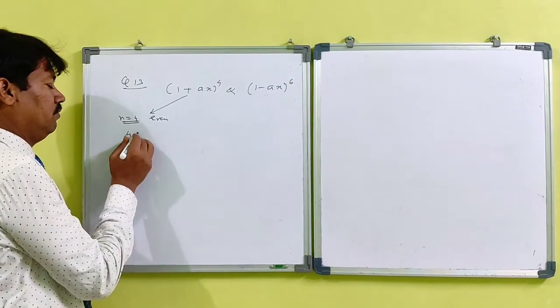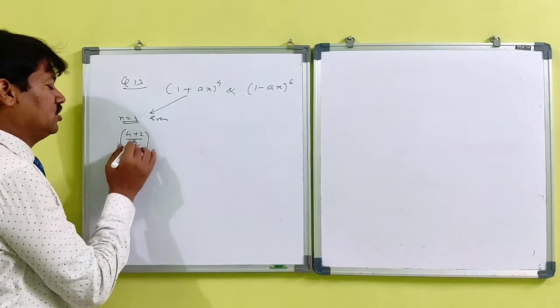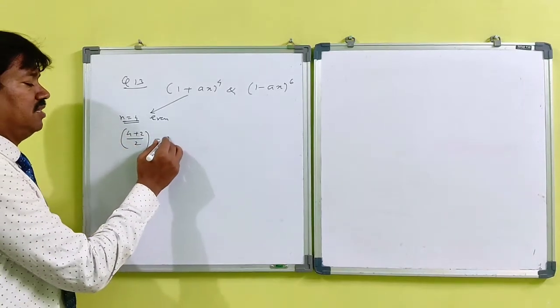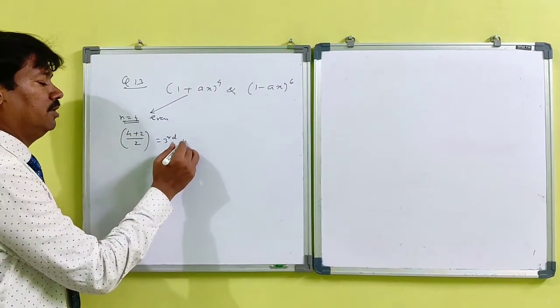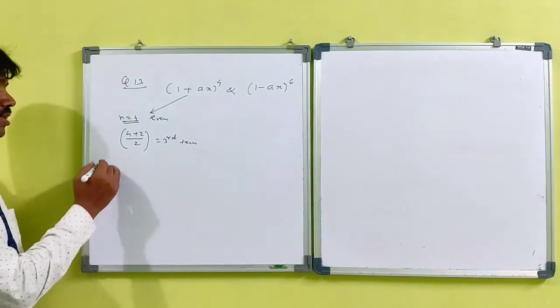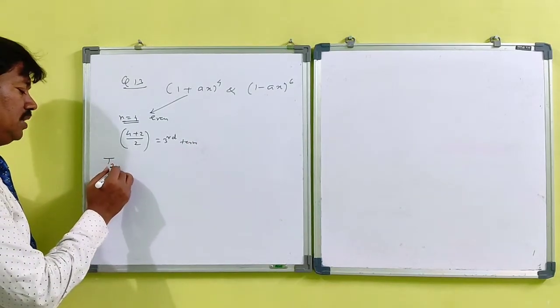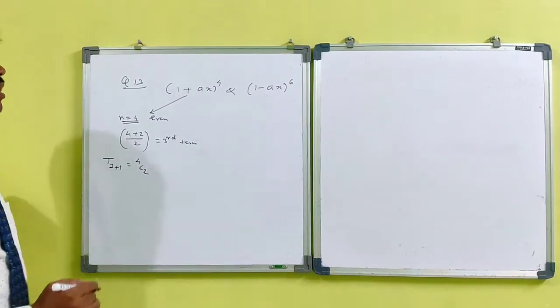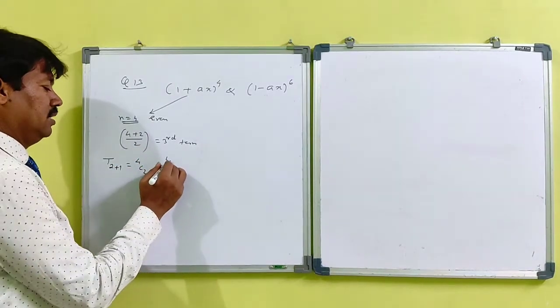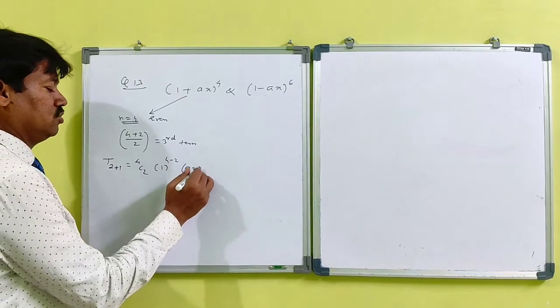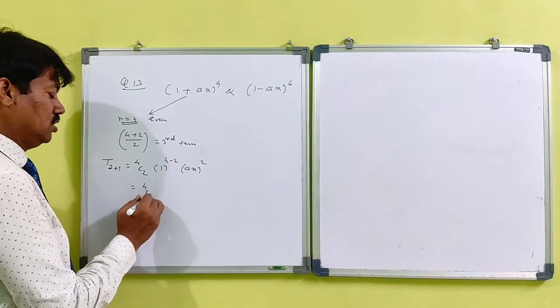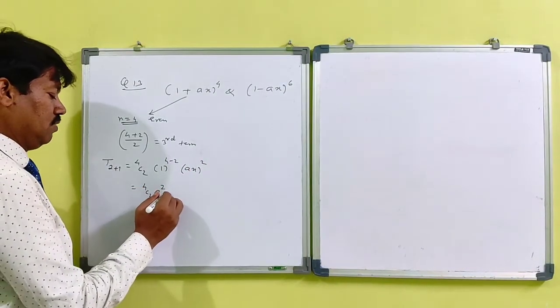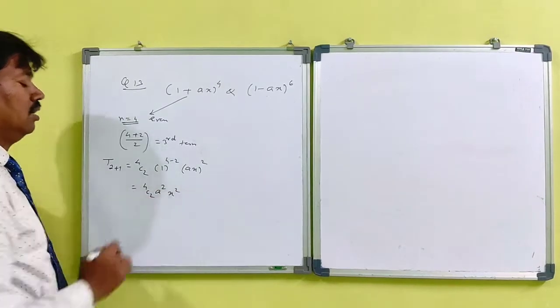So middle term will be (4 plus 2) upon 2, that is 6 upon 2, so it will be the third term. The third term will be the middle term. So third term is t 2 plus 1. So it is 4c2, 1 raised to 4 minus 2, ax raised to 2. So that is 4c2 a square x square.